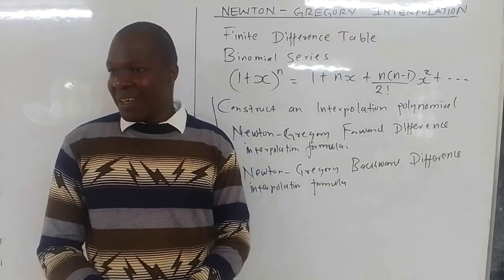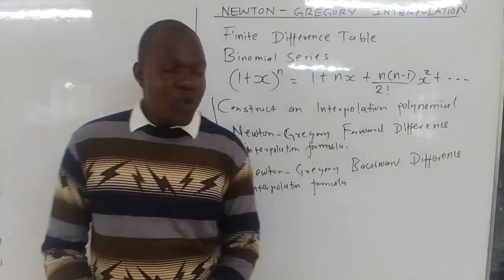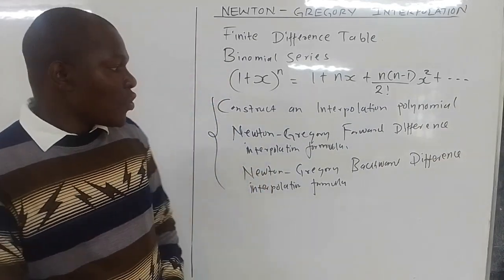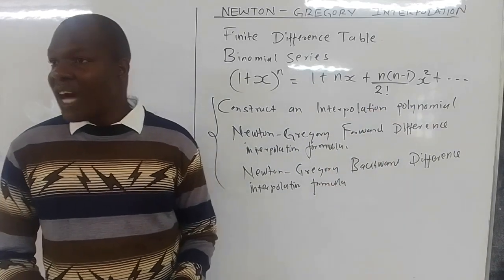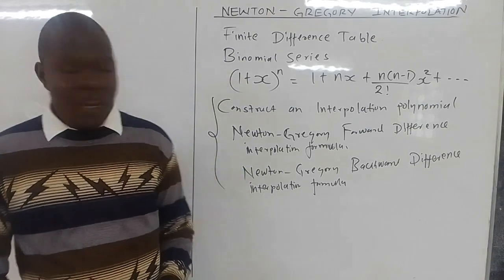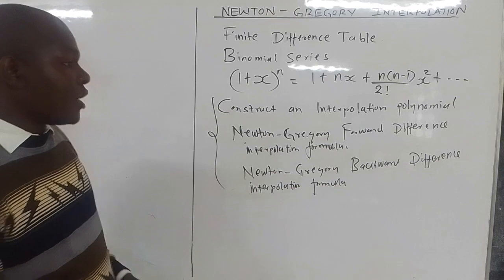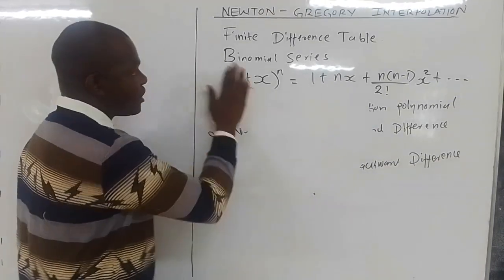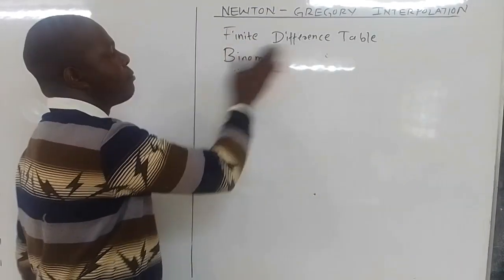Once you have constructed the finite difference table, you can now use it to form the interpolation polynomial, you can use it to evaluate the value of that polynomial using the forward difference interpolation formula, and you can use it to evaluate the value of that polynomial using the backward difference interpolation formula. Let us start with the construction of the finite difference table.